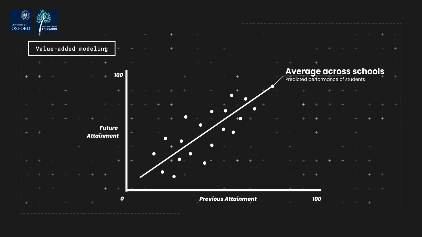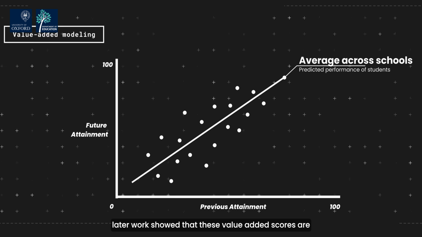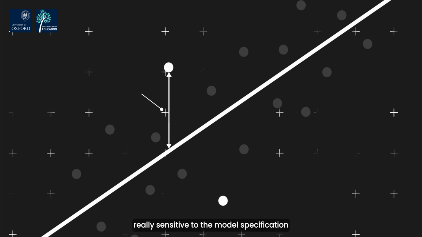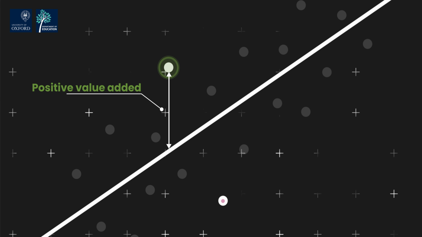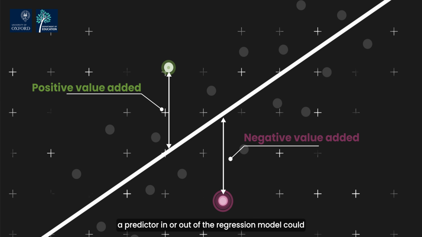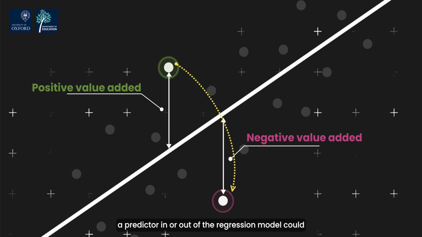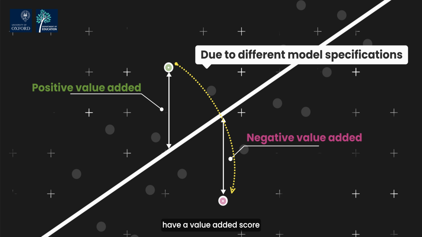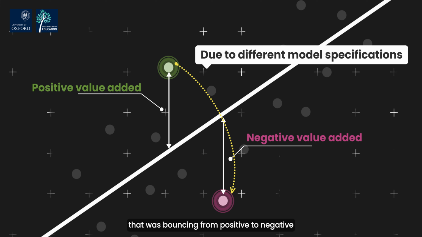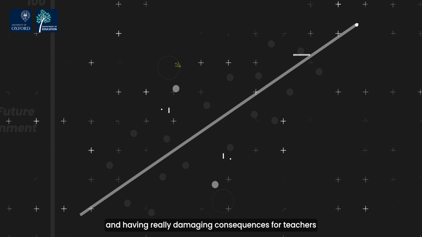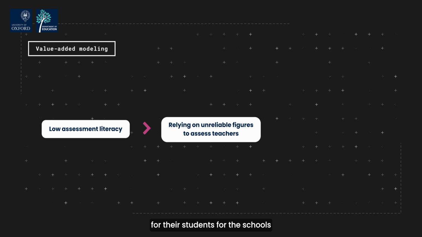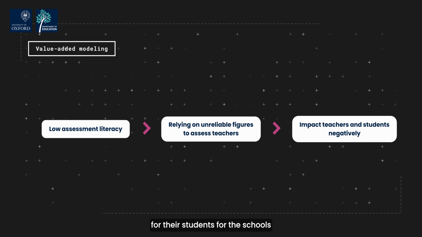And later work showed that these value-added scores are really sensitive to the model specification. A predictor in or out of the regression model could have a value-added score that was bouncing from positive to negative and having really damaging consequences for teachers, for their students, for the schools.